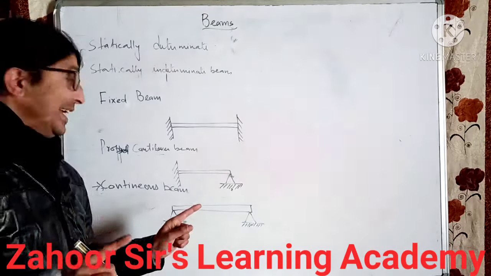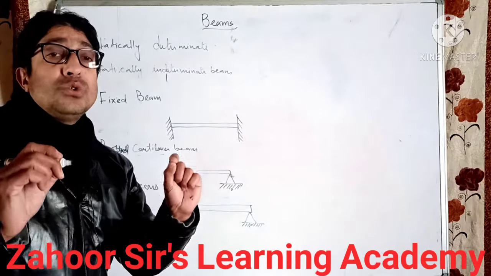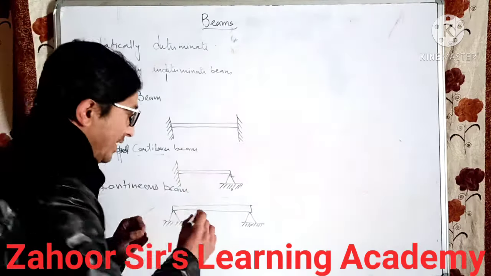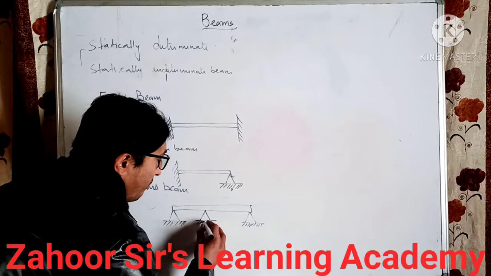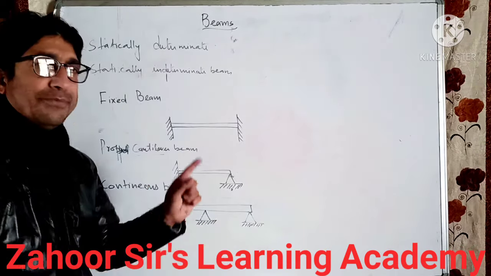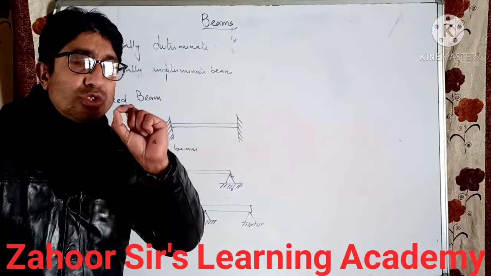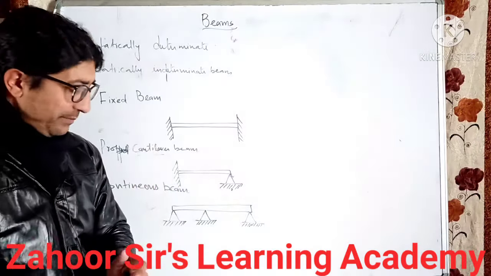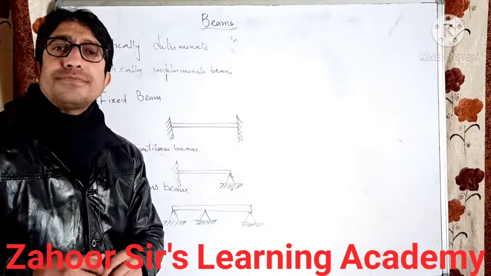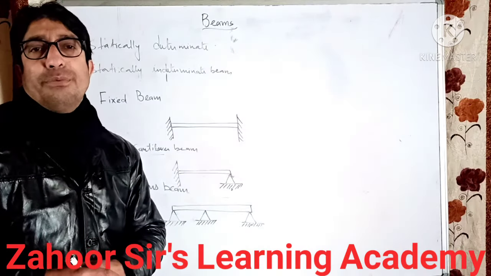Now I am saying a continuous beam has more than two supports beneath. So it may have three or more supports beneath. That is about the types and classifications of beams.